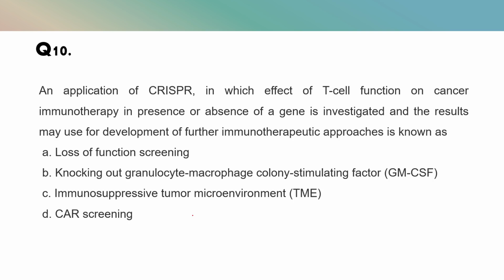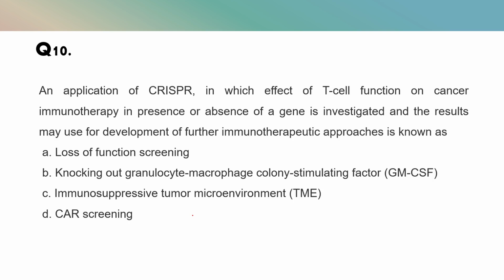So we are talking about immunocell therapy to cure cancer. Next is an application of CRISPR in which effect of T cell function on cancer immunotherapy in presence or absence of a gene is investigated, and the results may be used for development of further immunotherapeutic purpose.